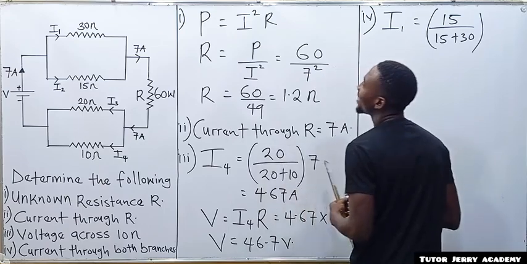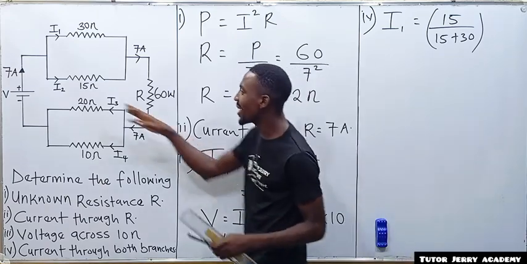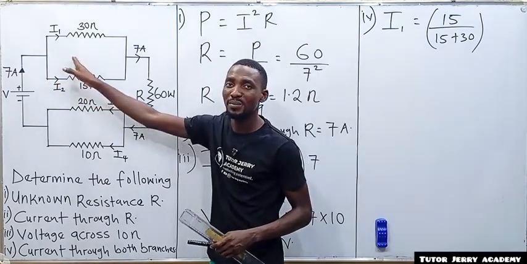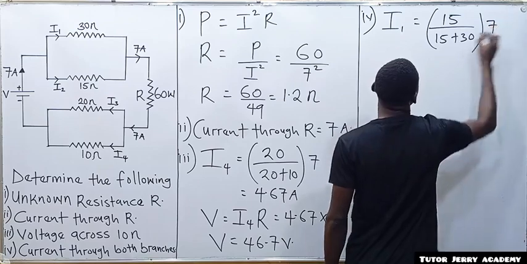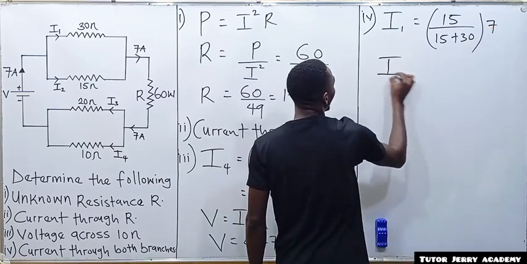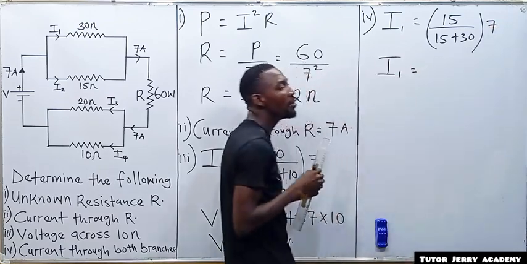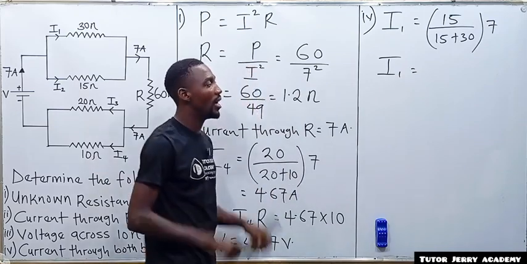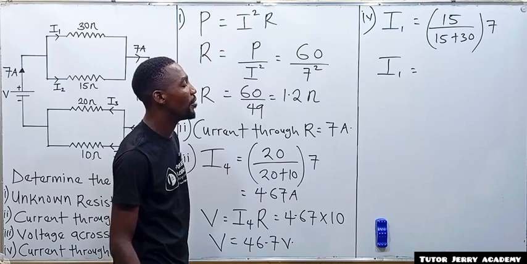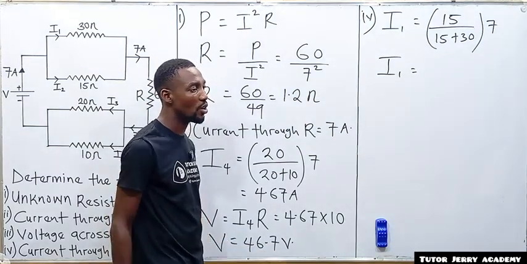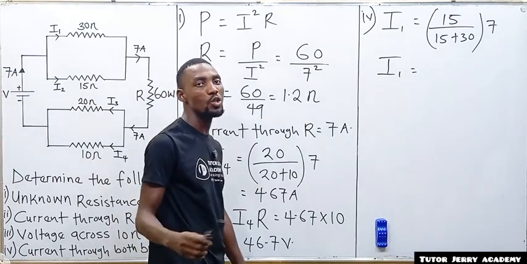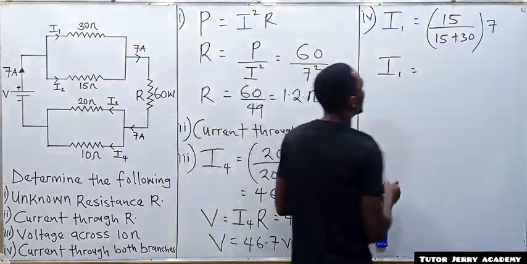The total current that enters this branch is 7 ampere. So I1 will be equal to 15 multiplied by 7 divided by 45. If you press that in your calculator, you are going to have I1 to be 2.33 ampere.